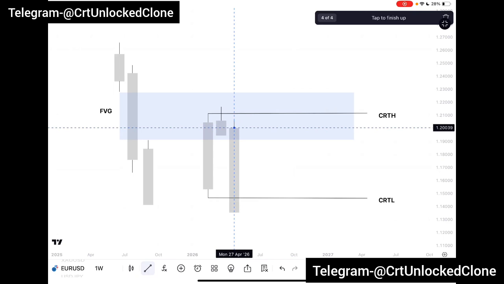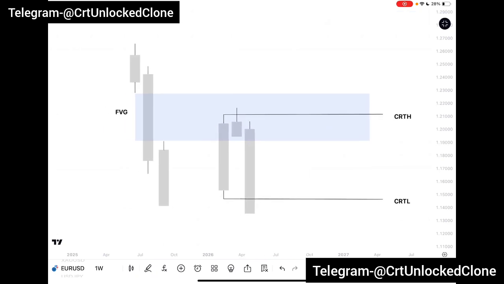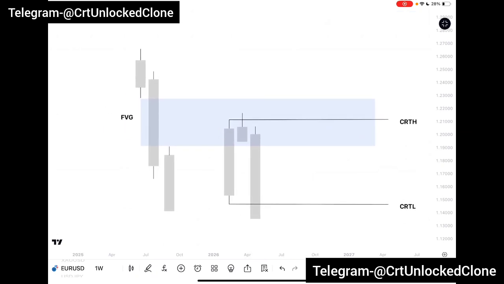So now, if you're sleeping, just wake up and listen carefully to what I'm going to say, because it's very important. The blue color box which I have drawn, this whole area, is our FVG, which means fair value gap. Now the CRT candle which has formed is inside our FVG, and it has not gone outside.